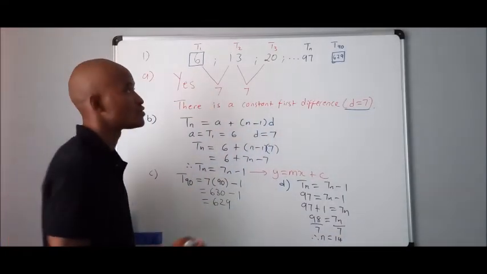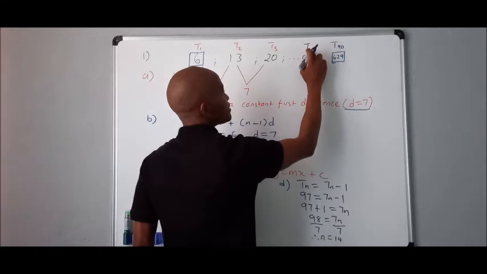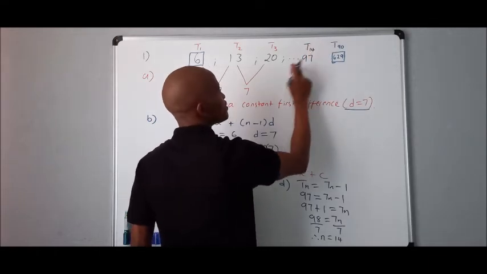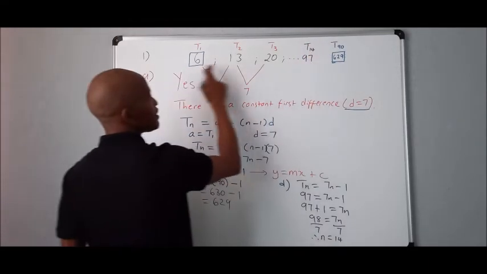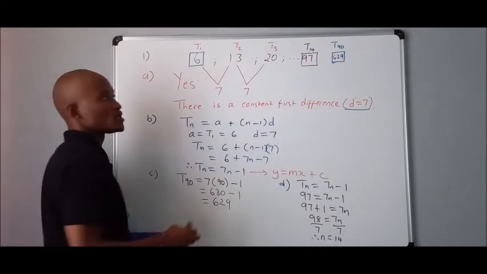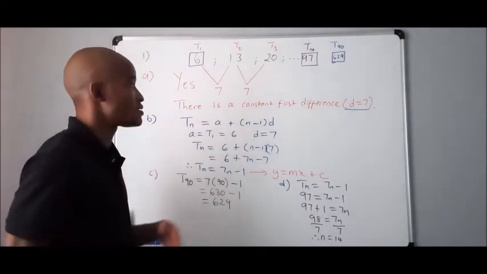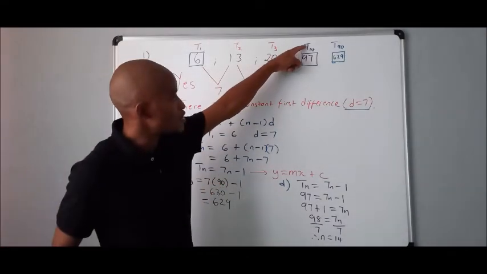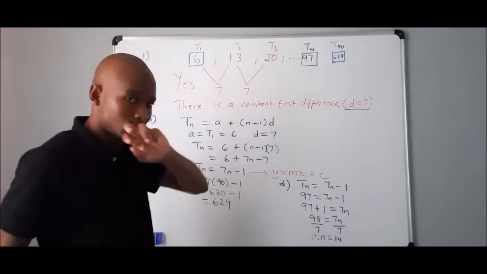Our n is equal to 14. That means that in position 14 in the sequence, the value corresponding to that position is equal to 97.